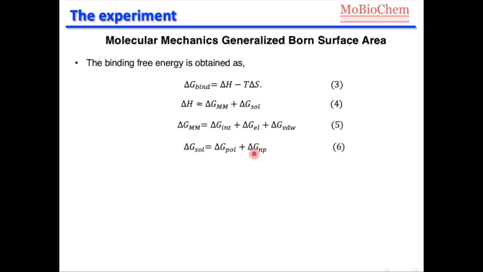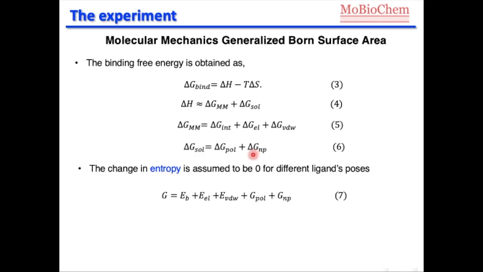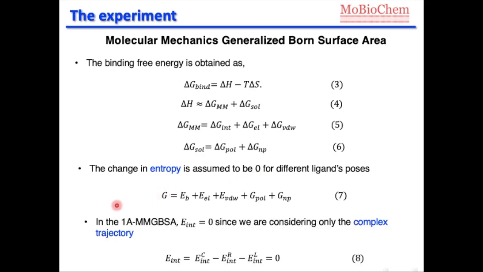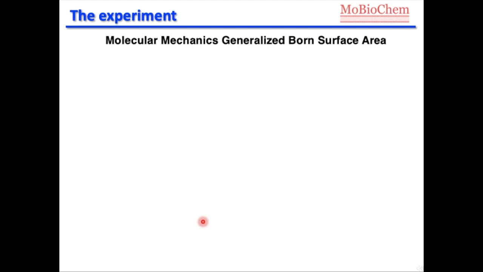In the simulation, it is assumed that the change in entropy of the different ligand poses inside of the binding pockets is equal to 0. Therefore, the entropic term can be discarded. Also, in the one-average MMGBSA, the bonding interactions are equal to 0, because we're only considering the complex trajectory. With this being said, equation 7 now reduces to the following equation 9, including only 4 terms.